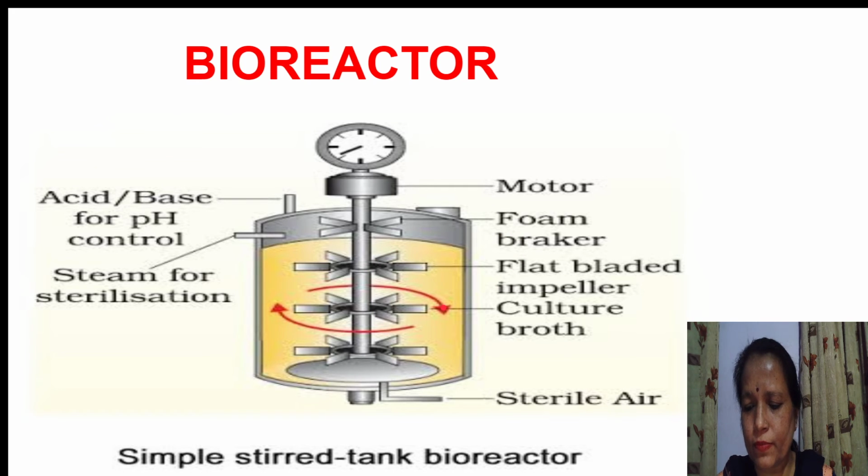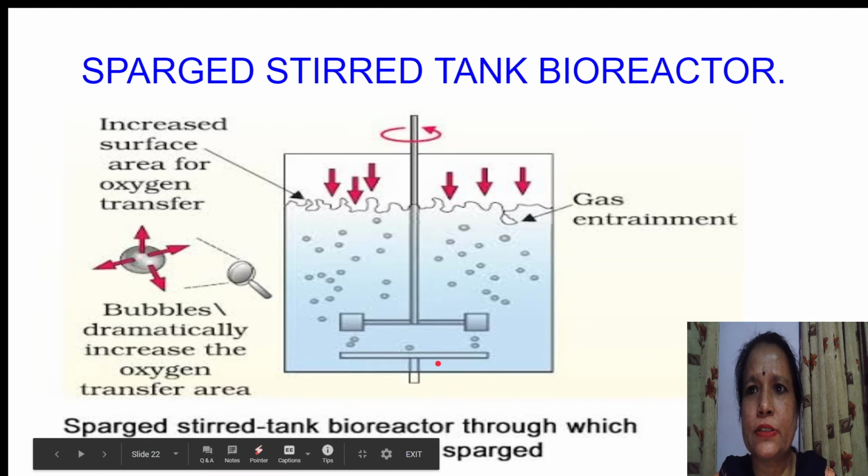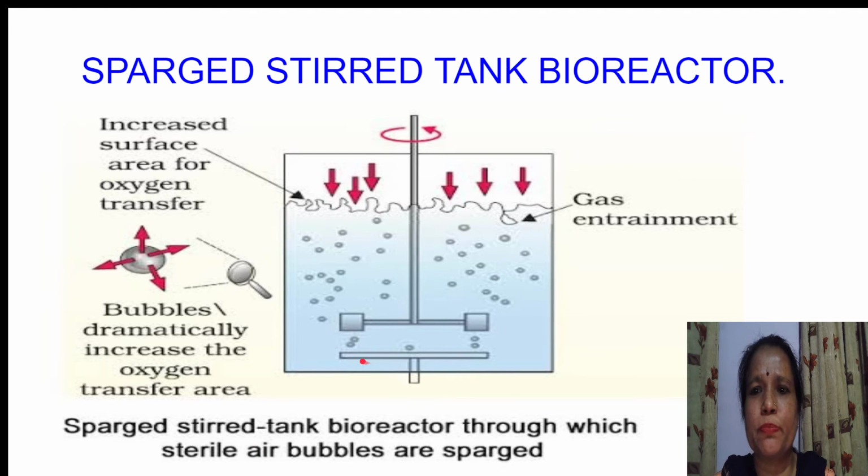Now this is the sparge tank bioreactor. In this case, for proper aeration, air can be forced in at the bottom of the tank through a porous ring called a sparger by a process of spraying, and a large number of bubbles are formed in the bioreactor.